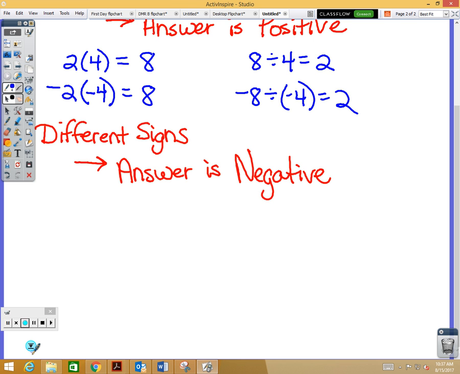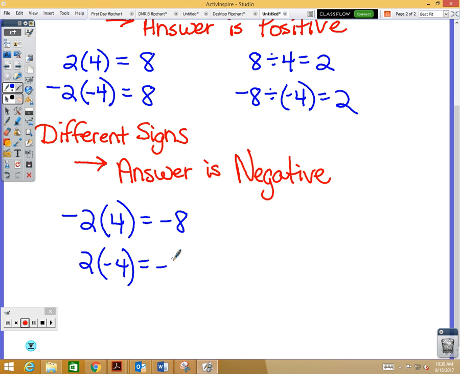And it doesn't matter which digit is negative. If it's the bigger or the smaller, doesn't matter. So you could have negative 2 times a positive 4, and that gives you negative 8. Or maybe the 2 is positive, but it's the 4 that's negative. That's still going to be negative 8. So it doesn't matter which one is negative. If one is negative and one is positive, then your answer is negative.